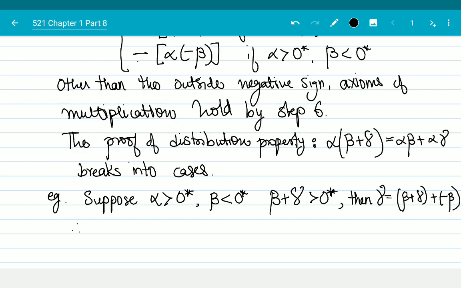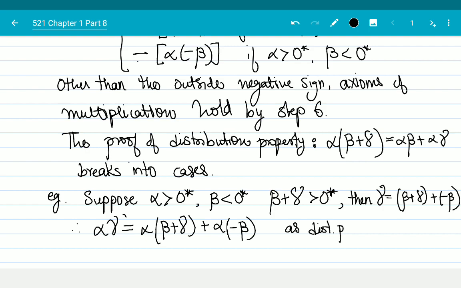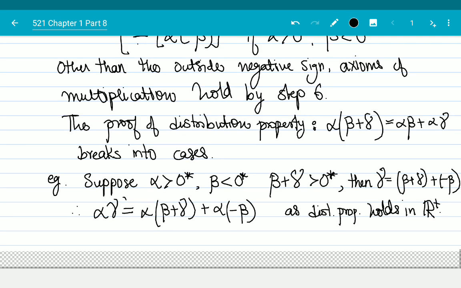Therefore, alpha gamma is equal to alpha times beta plus gamma plus alpha times minus beta, as the distributive property holds in R plus. We already know that it holds in R plus.